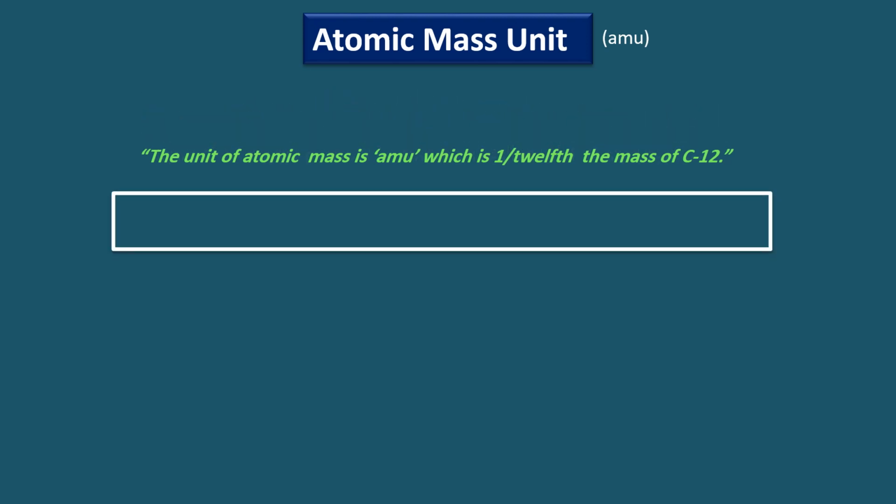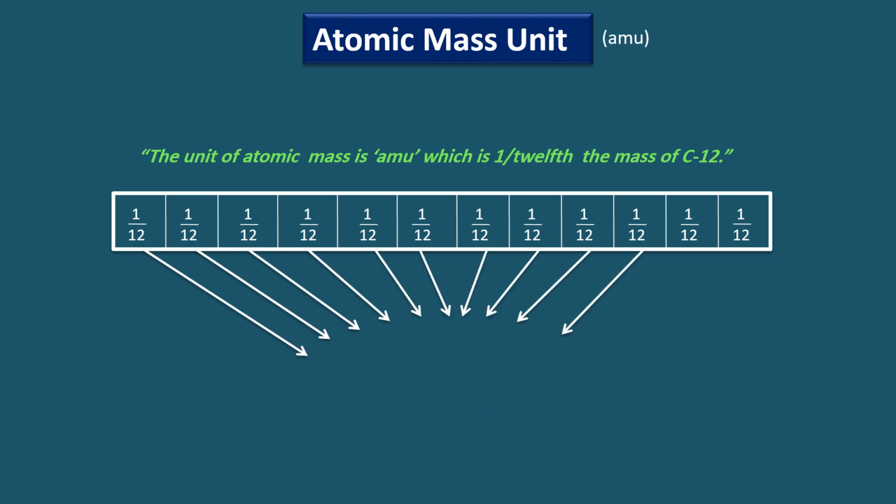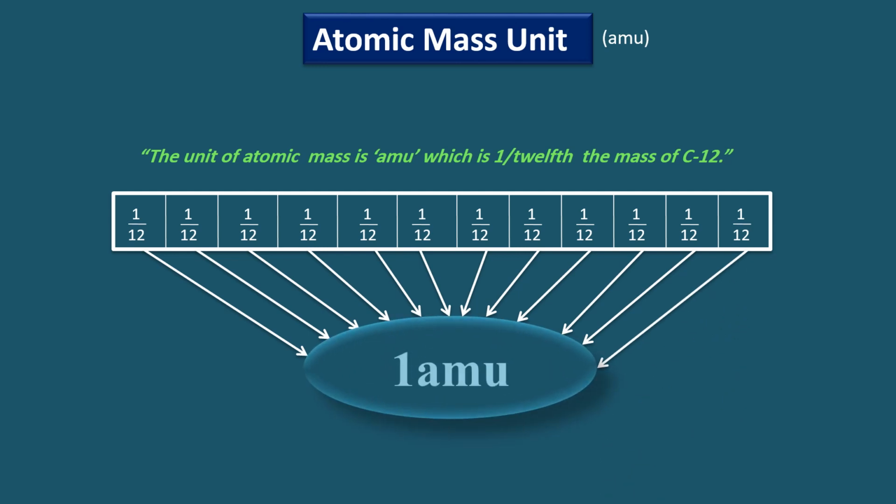Let this rectangle be the carbon-12 atom, and we divide it into 12 equal parts. So each fraction has a mass of 1/12 of the whole atom, and each of these 1/12 fractions represents 1 AMU, that is, 1/12 the mass of carbon-12 atom is equivalent to 1 AMU.